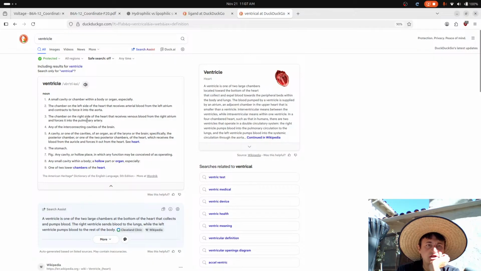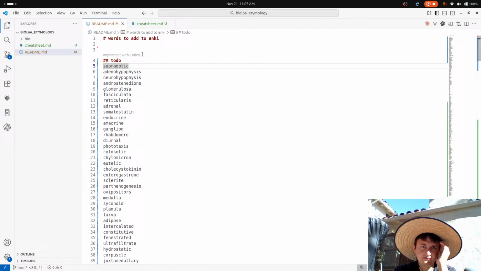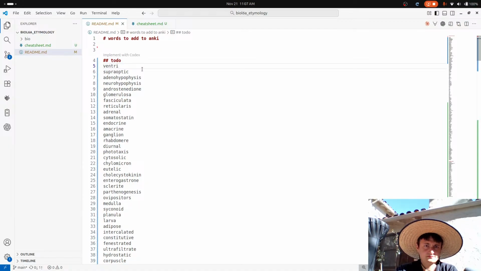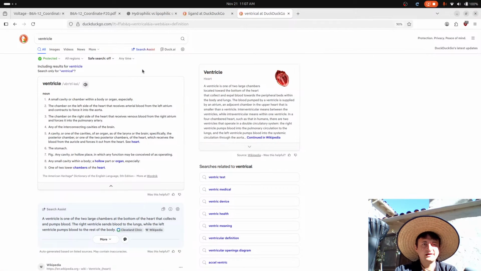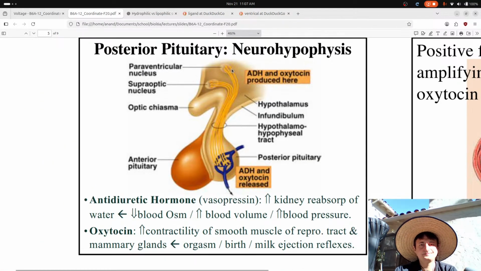I think it just means chamber, any cavity. It's not specific to the heart. So around a cavity nucleus, I guess.